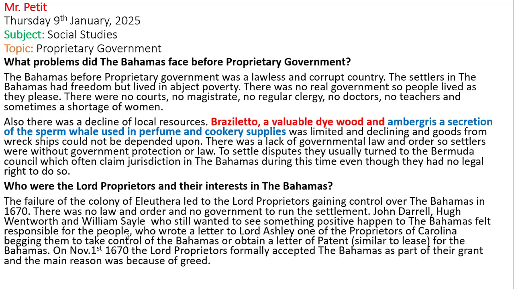Back then, one thing about the Bahamas was that it was a place where you could be free. When we talk about the Lutheran Adventists, they wanted to come to the Bahamas in search of religious freedom. Same thing with the Loyalists. We haven't discussed the Loyalists, but we can talk about them soon.